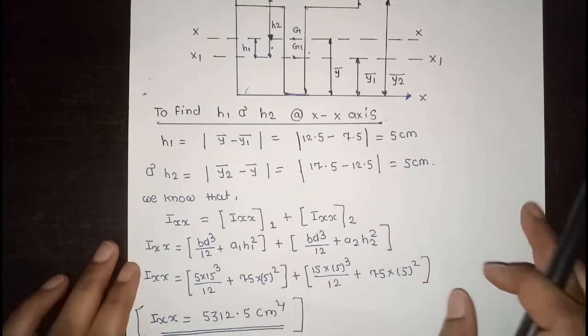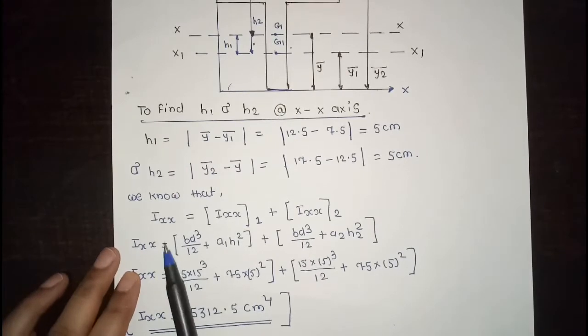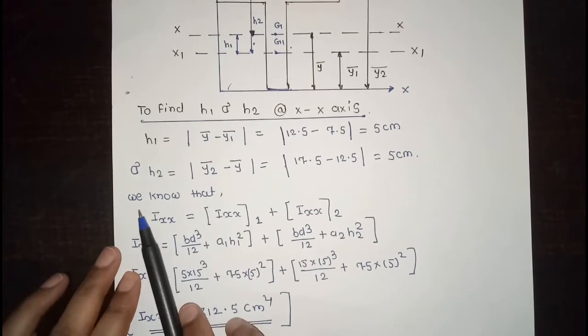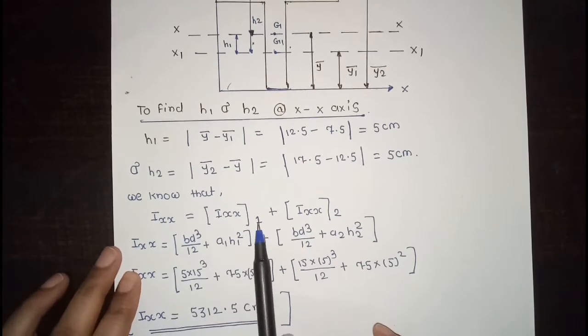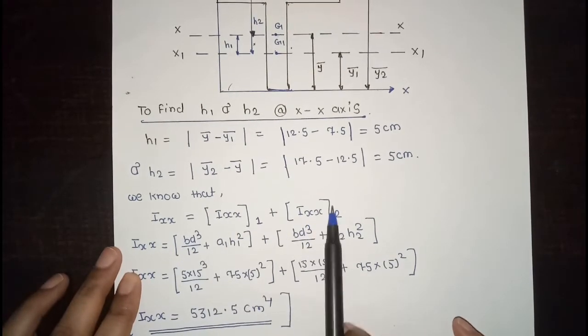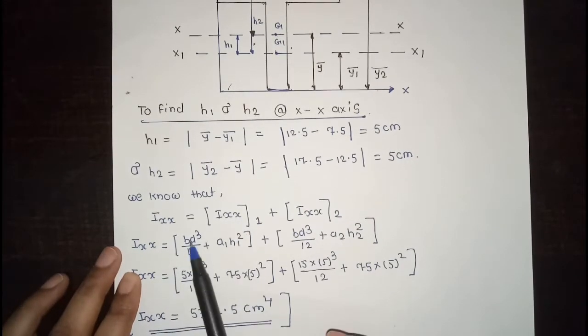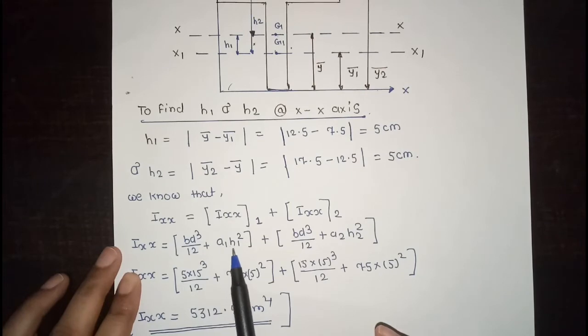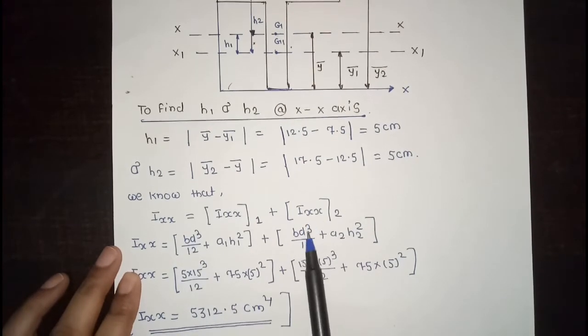We know that for the total centroid of the section, Ixx is equal to Ixx of the first section plus Ixx of the second section. So Ixx is equal to bd cubed by 12 plus A1H1 square, plus Ixx2, meaning IG2.